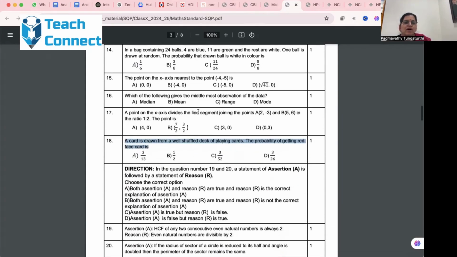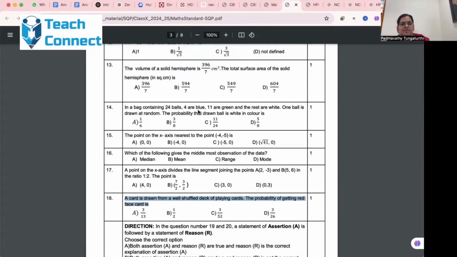The volume of a solid hemisphere is 396 by 7 centimeter cube. The total surface area of the solid hemisphere in square centimeters. Now the formula for the volume of a solid hemisphere, that is sphere by 2, will give the volume of the solid hemisphere.